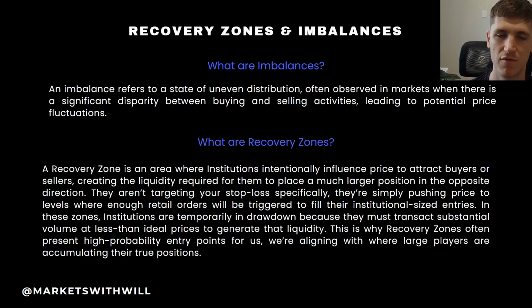If there isn't enough volume, then they can't take the position. So they will entice people to think that it's going one way. They'll entice buyers into the market to make it think, okay, we're breaking structure now and we're going to continue going higher. People start to buy, retail traders start coming in. That creates enough volume for them to actually take that short position in the opposite direction.